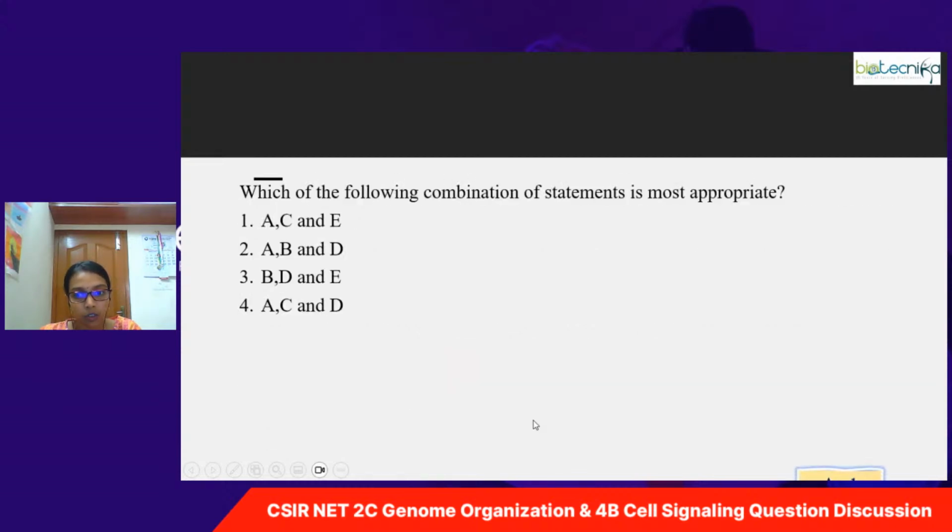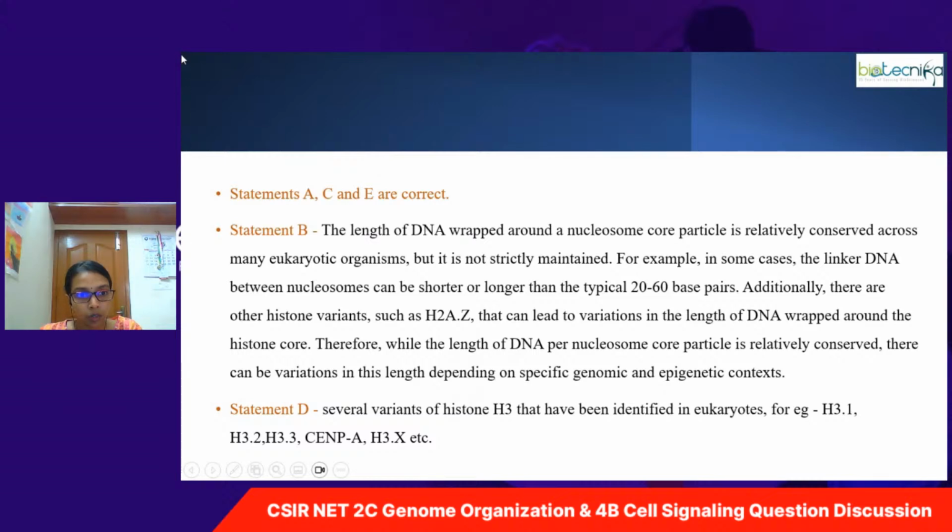Yes, let's look into the explanation now. So as I told you, A, C, E are correct. So why are statements B and D incorrect? See, the length of the DNA wrapped around a nucleosome core particle is relatively conserved, but it is not strictly maintained because in some cases the linker DNA could be shorter or longer.